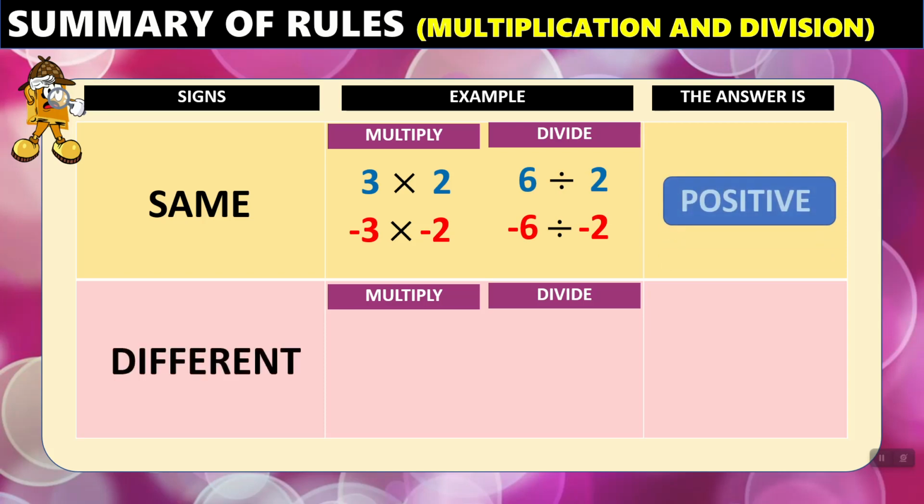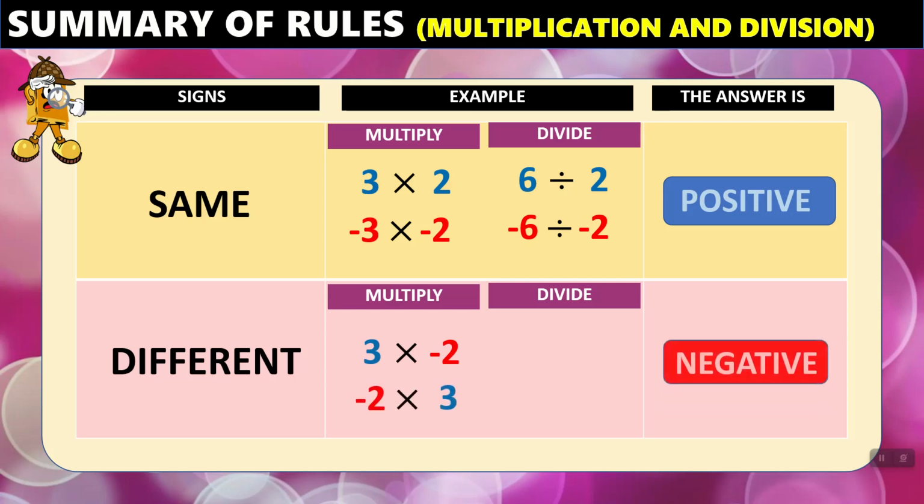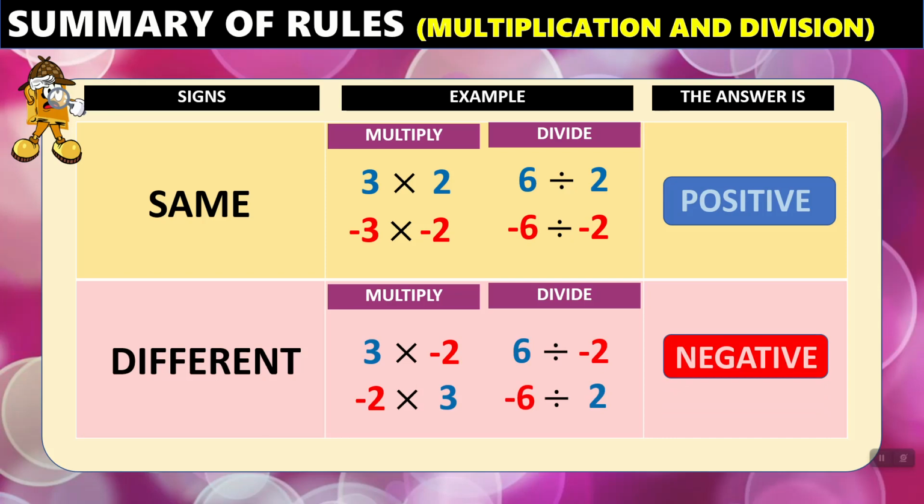When the signs are different, like 3 times -2 or -2 times 3, our answer is negative. Or if we divide 6 divided by -2 or -6 divided by 2, those signs are different. Our answer is again a negative answer.